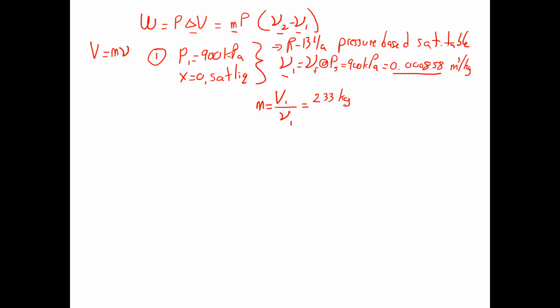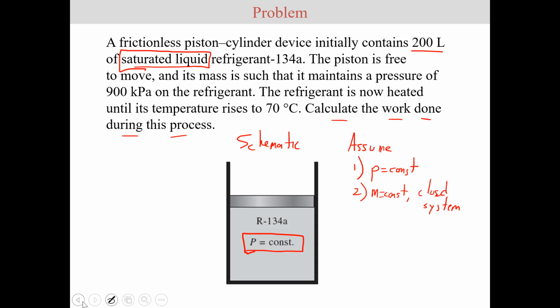Now, the total mass of refrigerant is not going to change throughout the whole process because it is a closed system, therefore the mass is constant. Now, as the process occurs, I'm sorry, it's not cooling, it's heating.